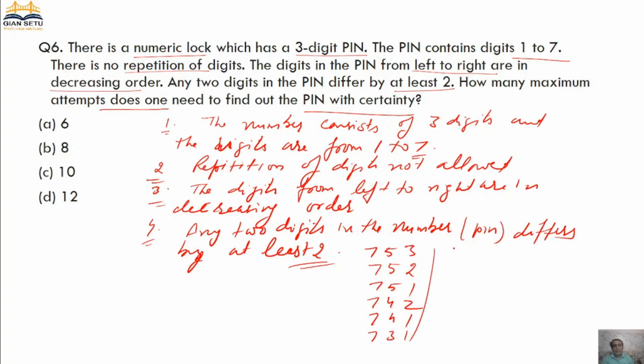Similarly, we can also have 6, 4, 2. We can have 6, 4, 3. Okay. We can also have 6, 4, 1, right? And we can have 6, 3, 1.